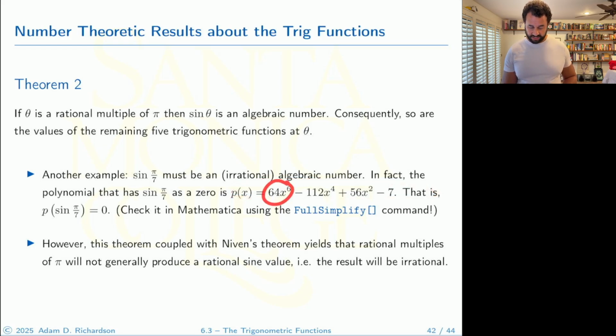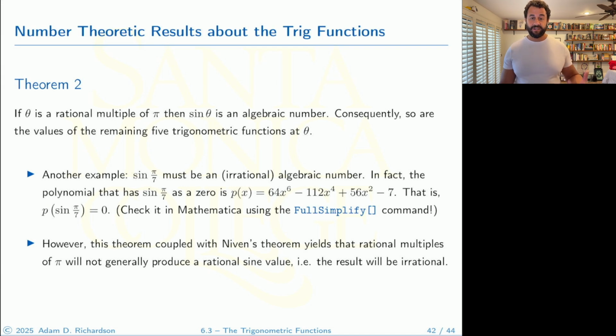P of x equals 64x to the sixth minus 112x to the fourth plus 56x squared minus 7. If you plug in sine of pi over 7 to this polynomial, you'll get 0. That's it. You can do this one on your own, and you can check it out in Mathematica using the FullSimplify command. Just do FullSimplify, compute that, and you will get 0.